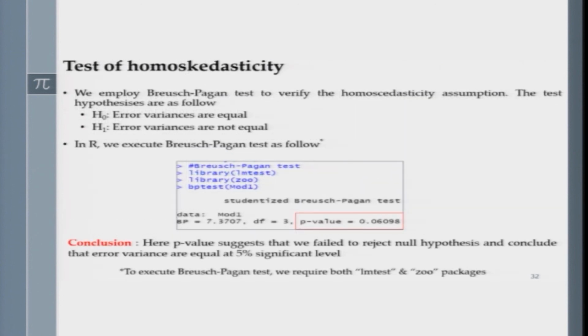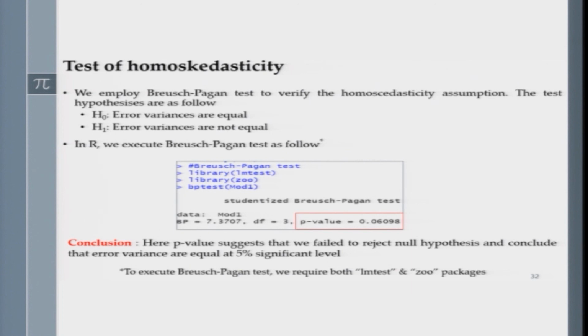Now we are going to talk about the test of homoskedasticity, because many times there could be a heteroskedasticity issue, especially in the context of cross section data. We all know that cross sectional data is most of the time plagued by the issue of heteroskedasticity. So, better we check whether our residuals show any heteroskedasticity or not, because without testing for that we cannot be sure that the generated residuals obey all the classical linear regression model assumptions.